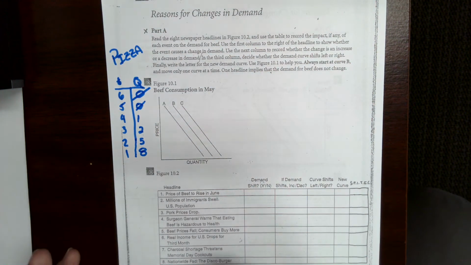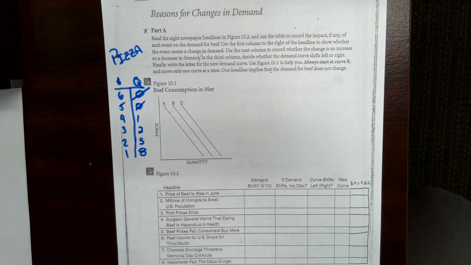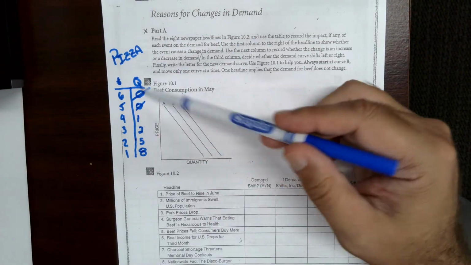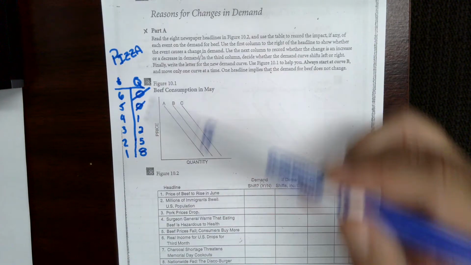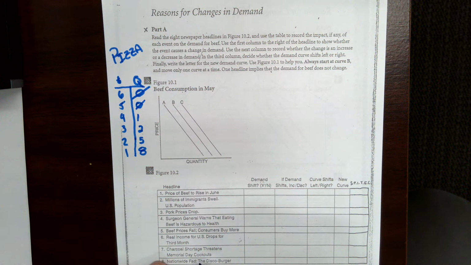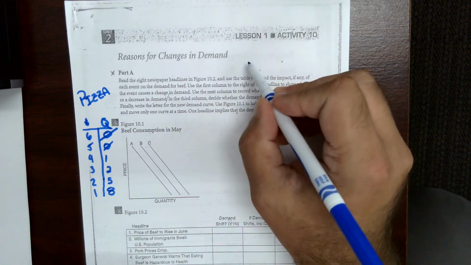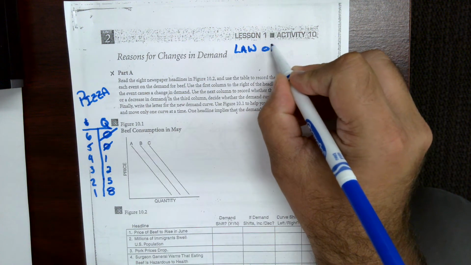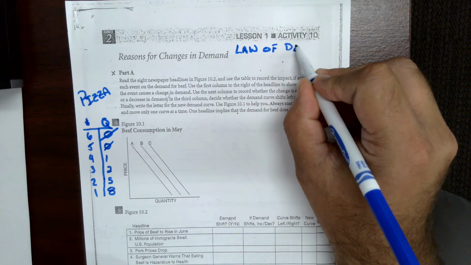So in an economy, I do want to know where the cutoff point is. I have all these slices of pizza that I've bought, but I've also figured out my definition for quantity demanded and what the law of demand is. Up here, I'm going to write down the law of demand.